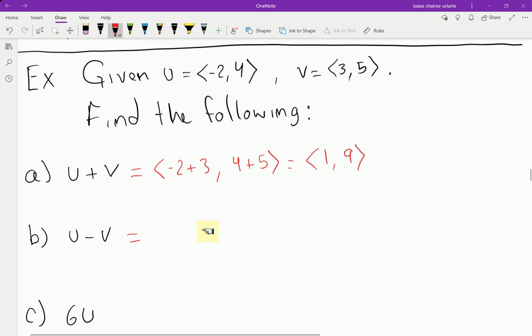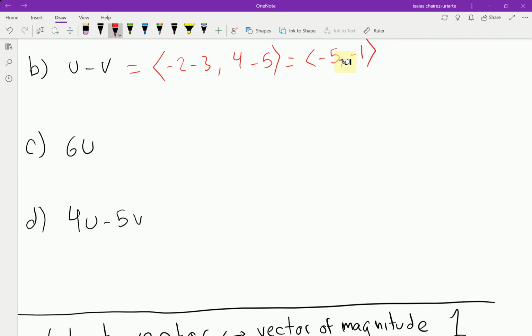All right, let's compute u minus v. Right now what I'm doing is just the horizontal component minus the horizontal component. So negative 2 minus 3, vertical component 4 minus 5. That's all there is to that.